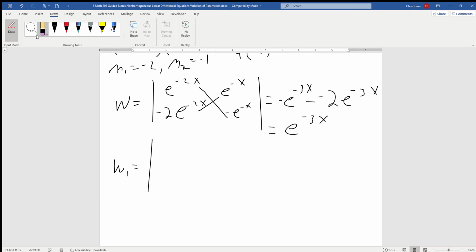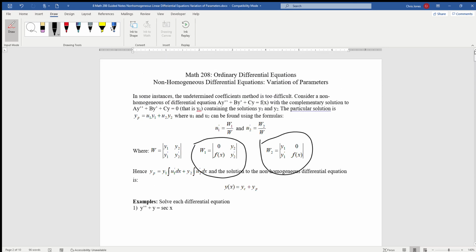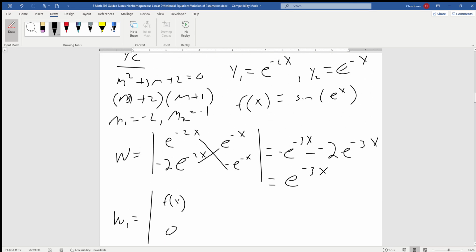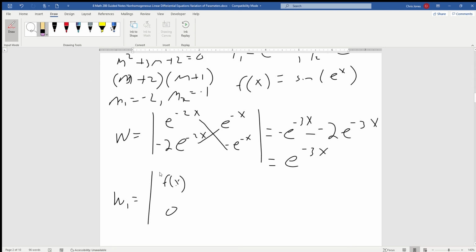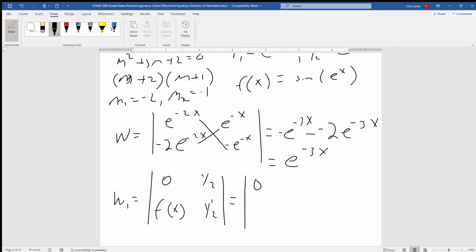So for W1, we have 0 and f of x, and then y2, y prime 2. I'll get it right soon. So 0, and then sine of e to the x.